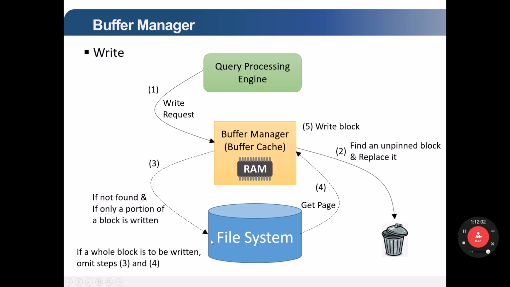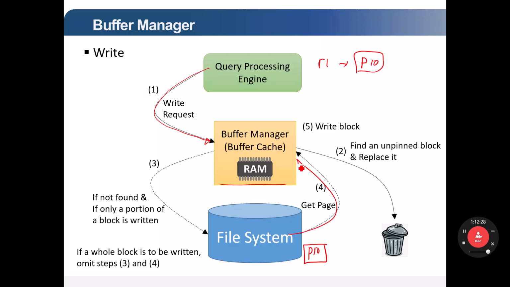And also, it is possible that the query processing engine decided to insert a new record R1 into page P10, let's say. And it is possible that page P10 is not cached in main memory. In that case, this write request will find out that page 10 is not in the cache.